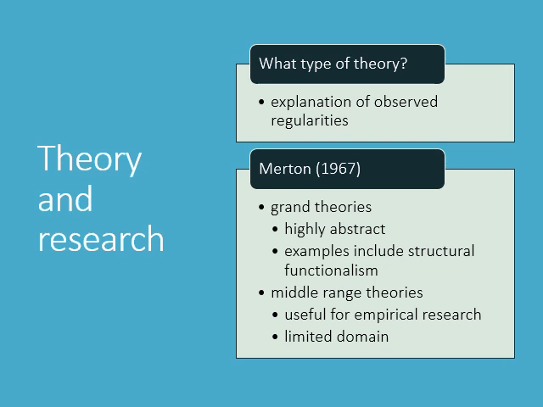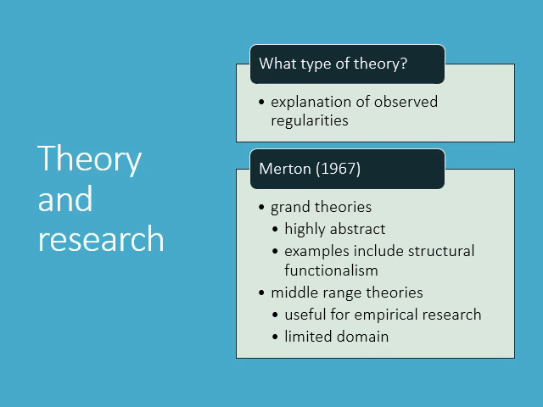Middle range theories, unlike grand theories, operate within a limited domain. They're more focused and applicable to specific areas within the broader scope of grand theories. So, some examples of domains where middle range theories may apply might include something like juvenile delinquency, racial prejudice, educational attainment, ethnic relations.